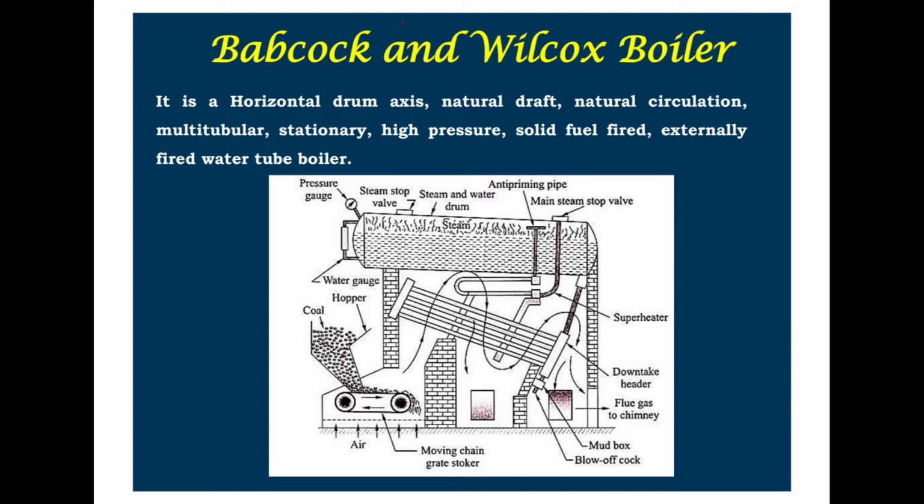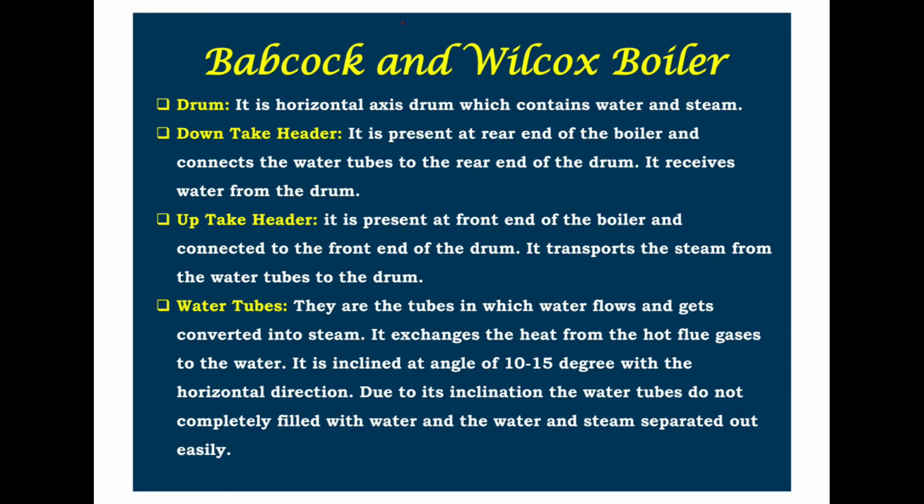And also the mud box is located at the bottom of the boiler, where we can collect the unwanted material or sediment, and the blow off cock is used to remove the unwanted material by opening the valve.